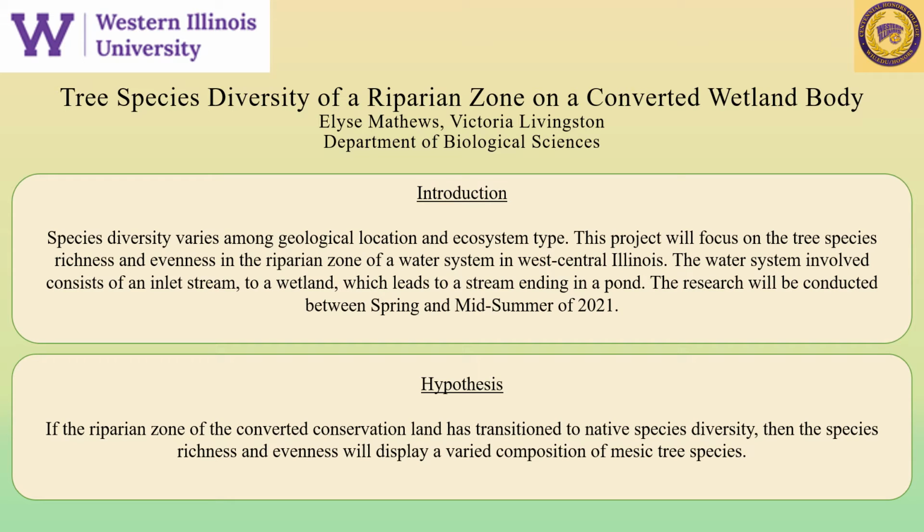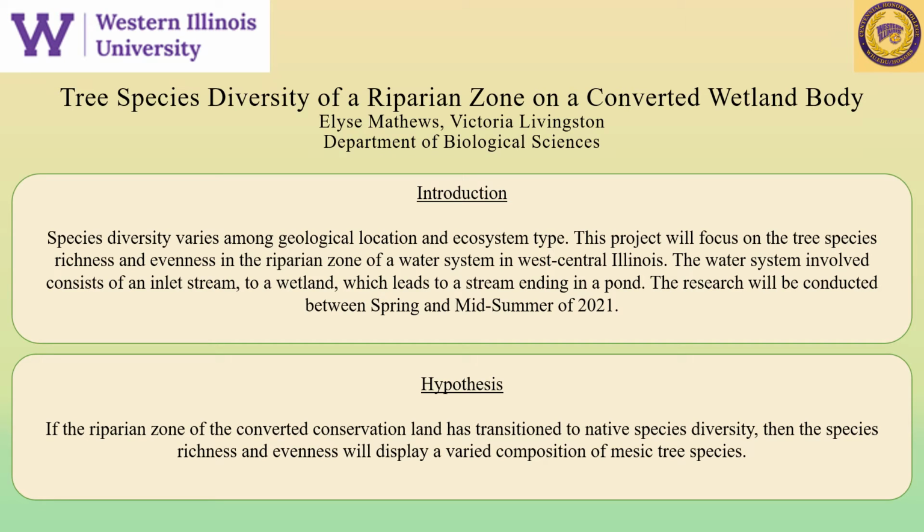Riparian zones are incredibly important environments. They maintain balance between aquatic and terrestrial ecosystems. They are home to a diverse array of species. They stabilize the land near water bodies, and these are just a few of the many positive impacts that they have on the environment.